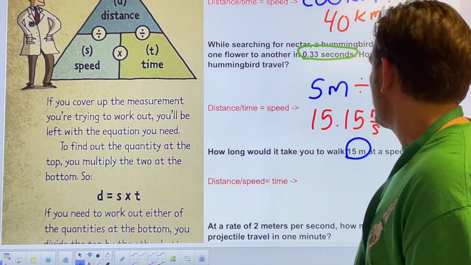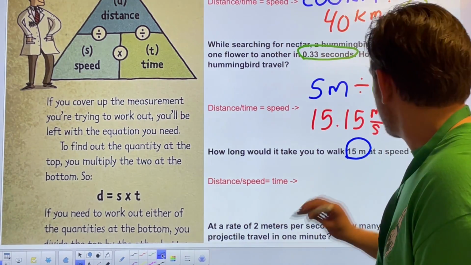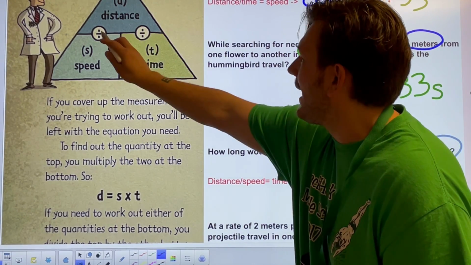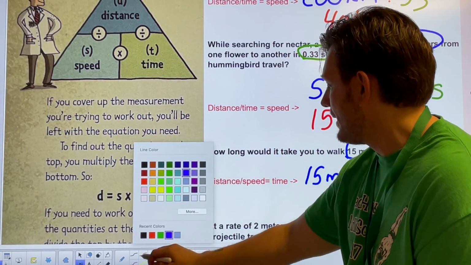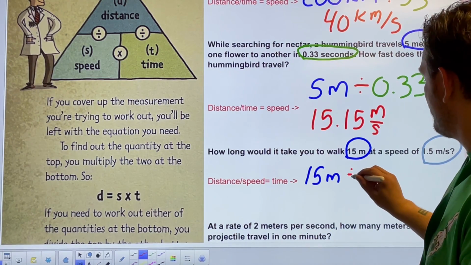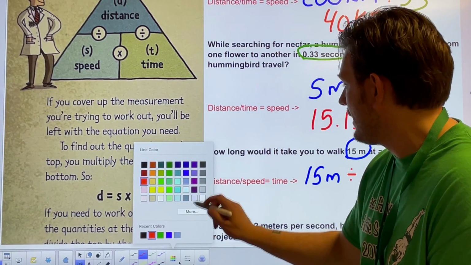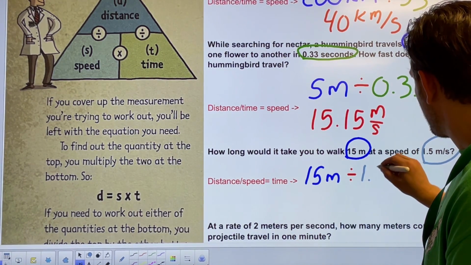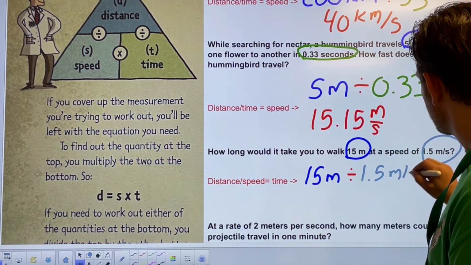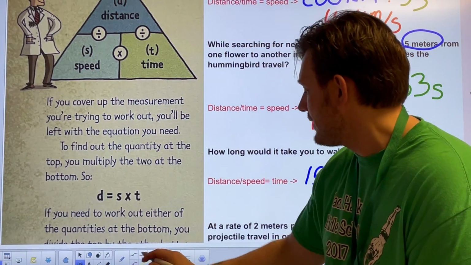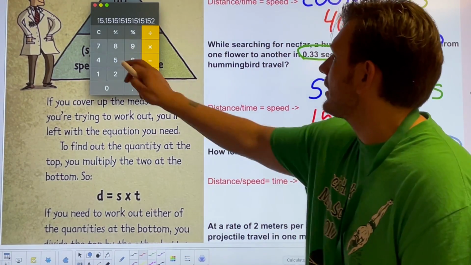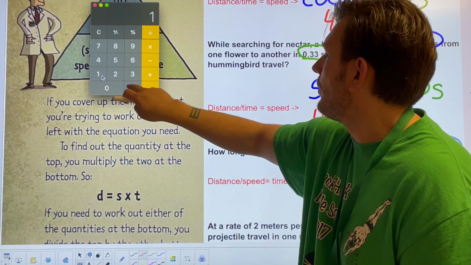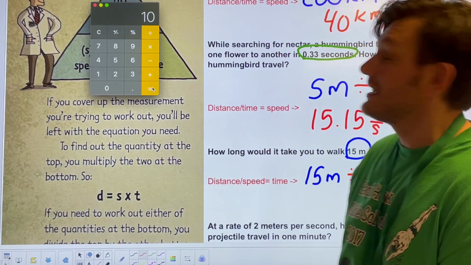So what I'm gonna do is do my equation now. I'm gonna take my 15 meters, and it says to divide that by the speed, and the speed was 1.5 meters per second. And how do I solve this? Well, let's use our calculator. 15 divided by 1.5 equals 10.